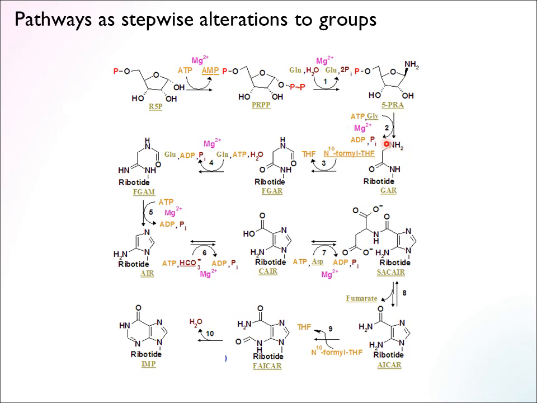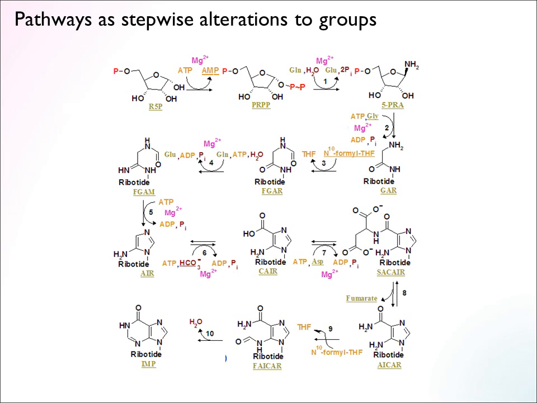Again, this has an amine group towards the end. In the next step, you add on something called a formyl, and now you have this, and it's an aldehyde, and so on and so forth. You can follow these pathways along and see which parts are being added on, and it gives you a sense for how the pathway works.